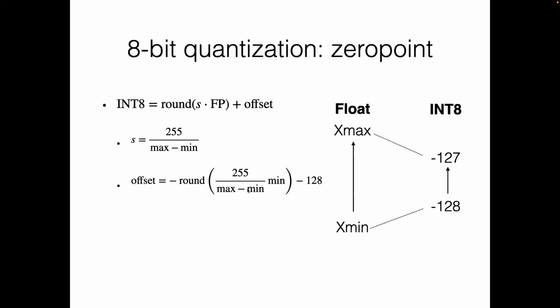Again, if you step through the argument, it's nothing crazy. You can see that this scale appears here with the minimum, and then you're shifting by this minimum value, and there's a rounding operation as well. I won't go through the full justification for it. Then if you want to dequantize, you basically do the reverse operation. So you have int 8, you subtract the offset, and then divide by the scale.